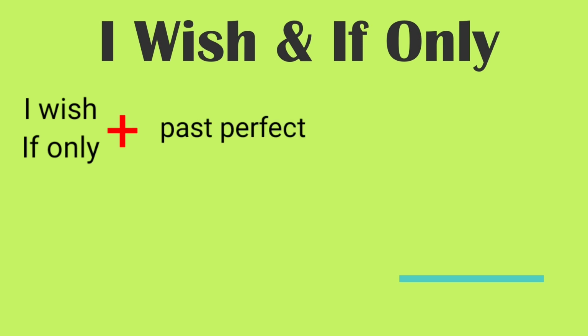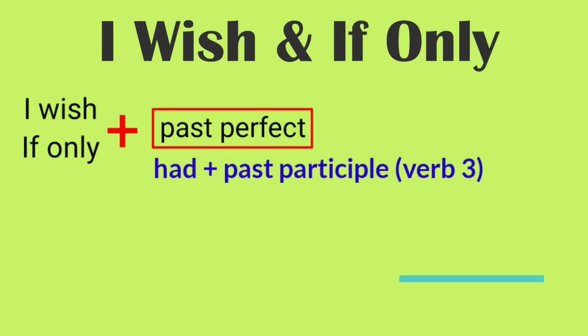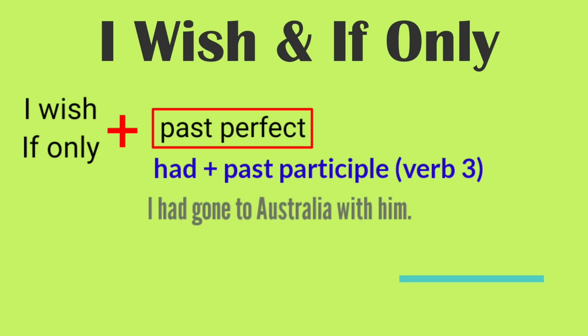Here's how you structure this sentence. I wish or if only plus past perfect. It's simple. If you don't remember past perfect tense, that's had plus past participle. For example, I had gone to Australia with him. Had plus gone.